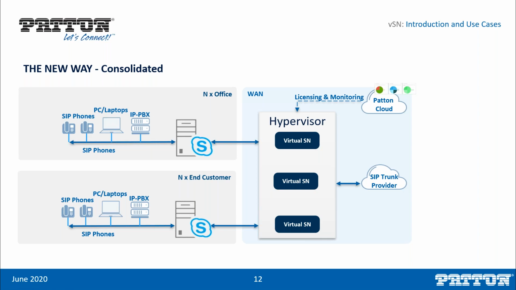And of course, on top of that, you still have, or you're still going to get the option in doing additional functionalities managed out of the Patton Cloud, including call quality monitoring in this case, which is really helpful, providing a high quality service to the clients.